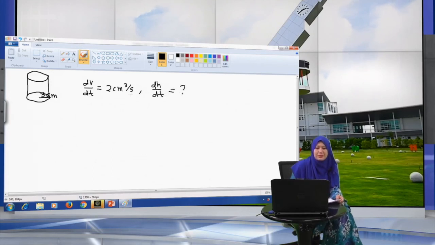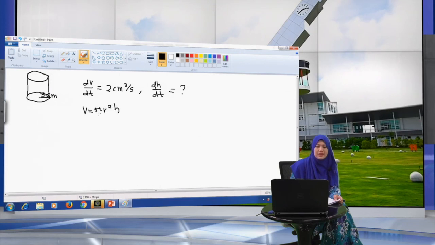Okay. Now let's find the relation between the volume of a cylinder and the height of the cylinder. Okay, we know that the volume of the cylinder equals pi r squared h. Okay, we see that the radius remains 3 all the time. That means we can substitute the radius equals 3 here, which is equal to 9 pi h.